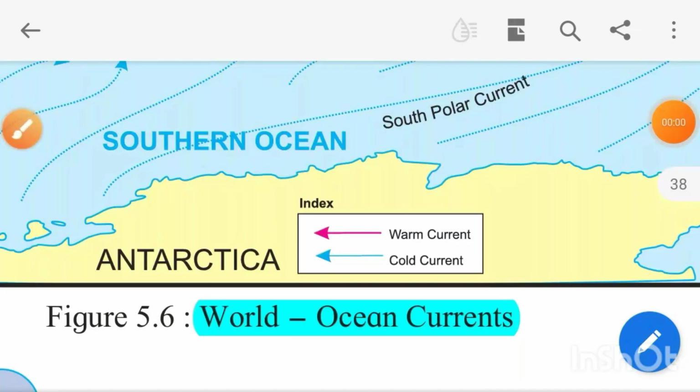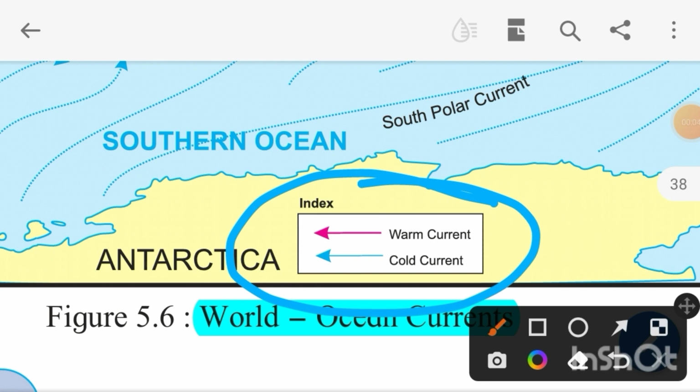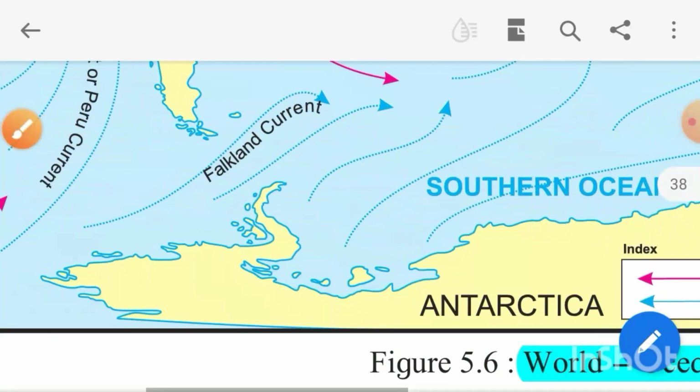You can see here this pink line will tell you about the warm current and the blue line will tell you about the cold current. So let's see here.